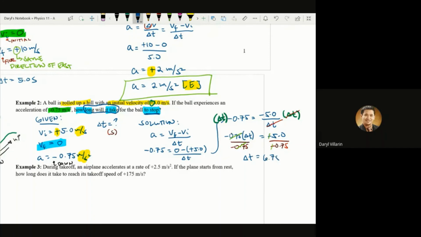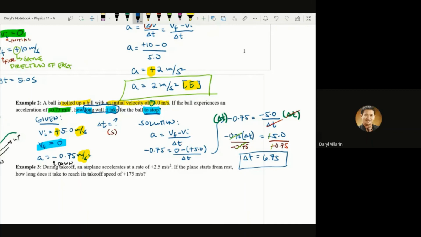So it's another way of looking at whether your answer is correct. If you followed it and answered it correctly, your solution is correct. So if you can see there, it will stop after 6.7 seconds.